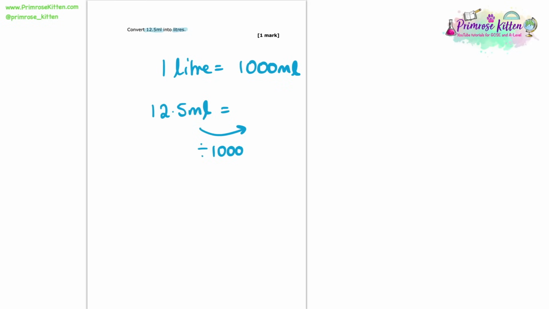So when it comes to dividing a number like this by 1,000, I would recommend putting a load of zeros before the number, just as little placeholders. They don't really mean anything, but it's going to help you visualise this division by 1,000, because we need to move this decimal place back 1, 2, 3 times. And that is going to leave us with 0. So we're going to put the decimal in here, 0.0125. So the answer to this is 0.0125 litres.